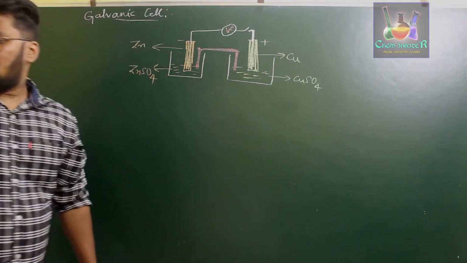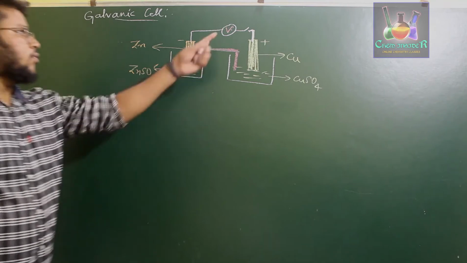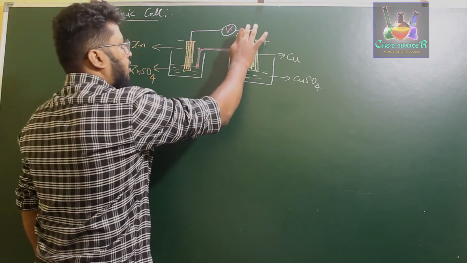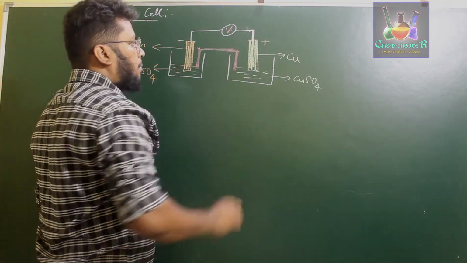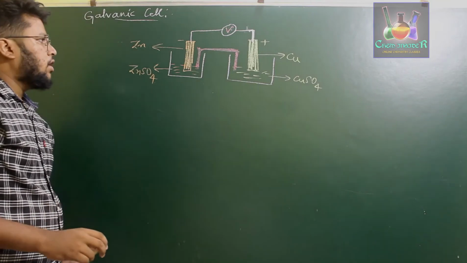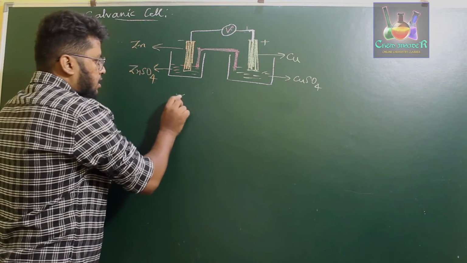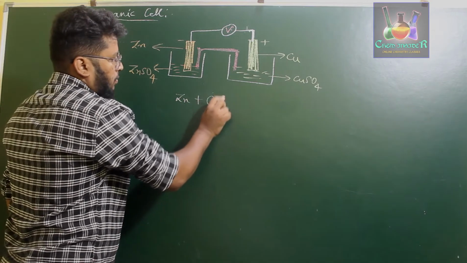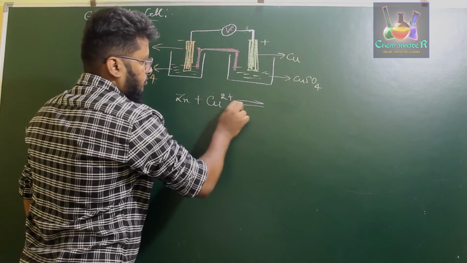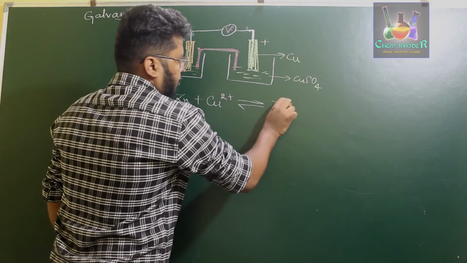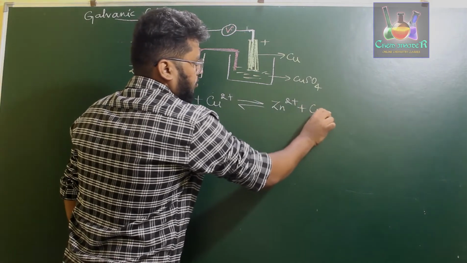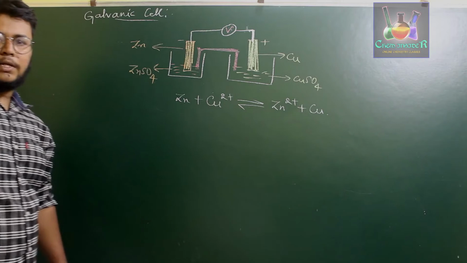Once you switch on this electric circuit, we generally know the reaction that takes place. What reaction takes place over here? Zinc reacts with Cu2+ ions to form Zn2+ and Cu. This is what we know happens in the reaction.